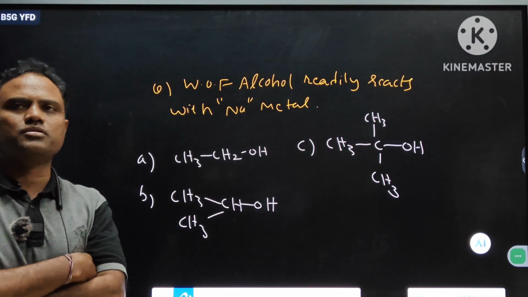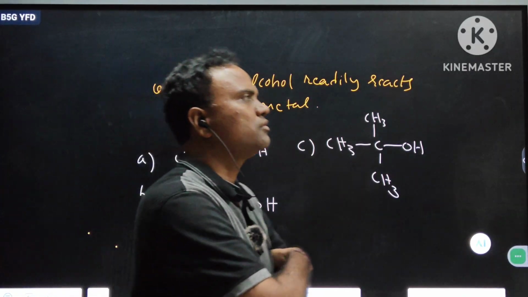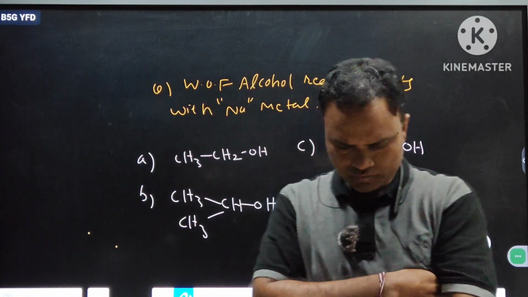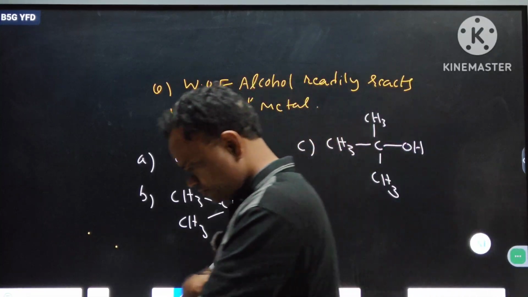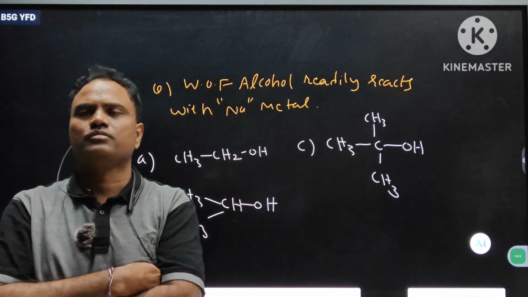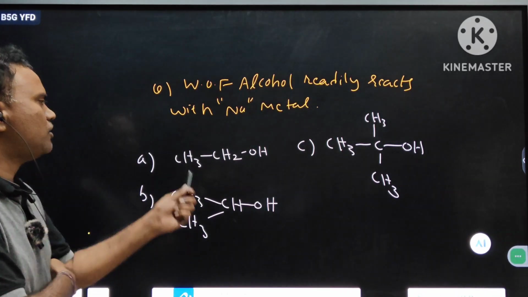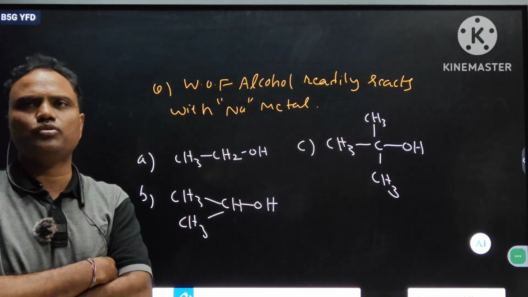What about others? Surabhi, which is more acidic? One degree alcohol. Ethanol is more acidic.